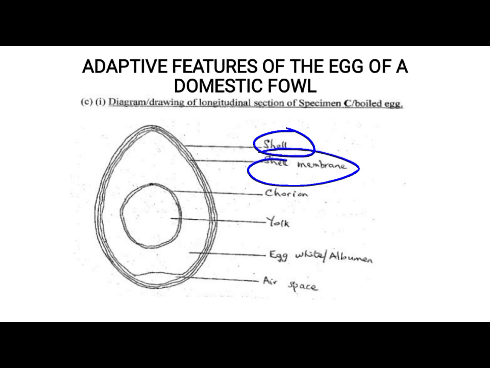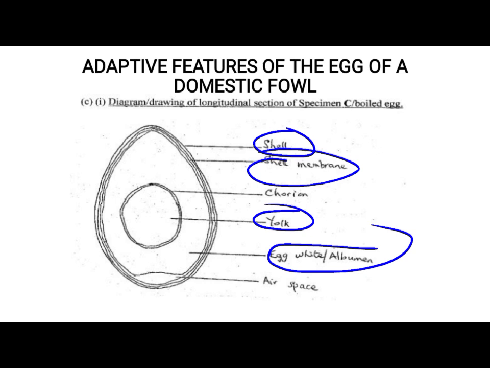Then you have the yolk. The yolk contains a high level of protein and fat, and it basically provides food for embryonic growth. Okay, then you have the egg white, or what you can call the albumen, which also provides food, and it consists of protein, water, and salt.